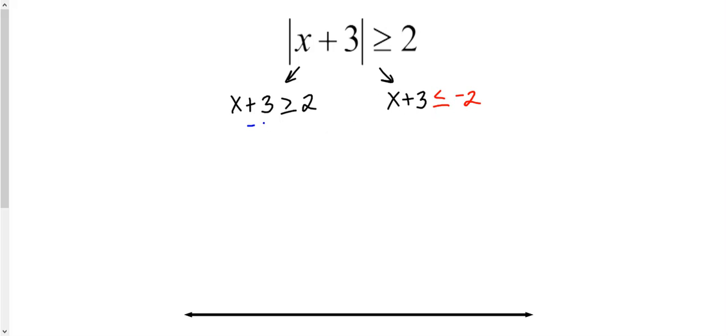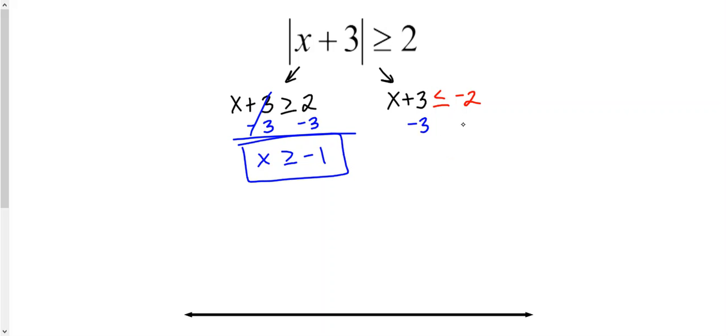So to get x by itself, we're going to subtract 3. Right, and I get x to be greater than or equal to 2 minus 3, which is -1. So there's one answer. Again, subtract 3. And we get x to be less than or equal to -2 minus 3 is -5.